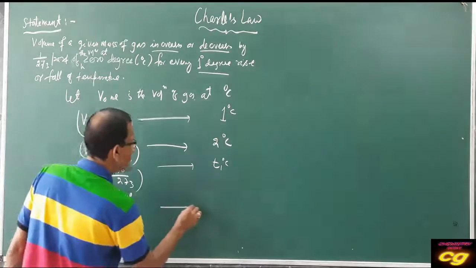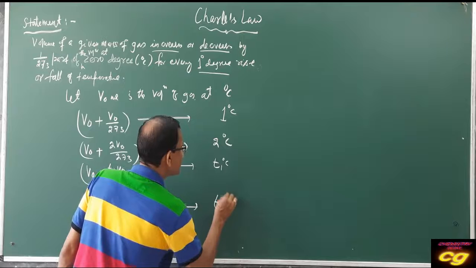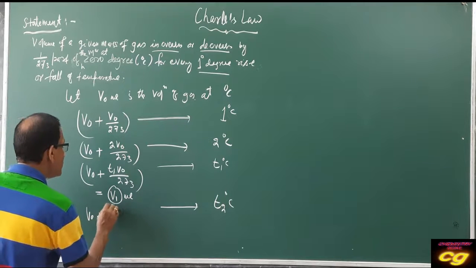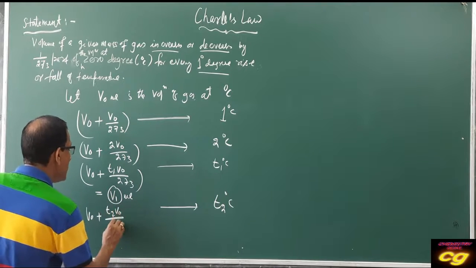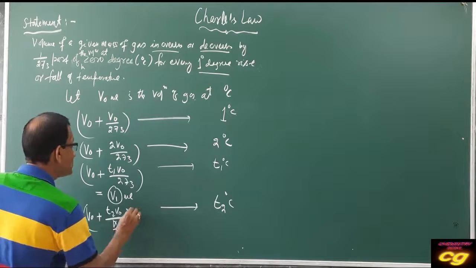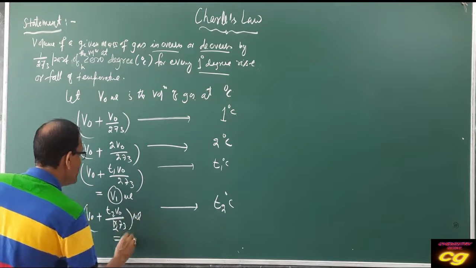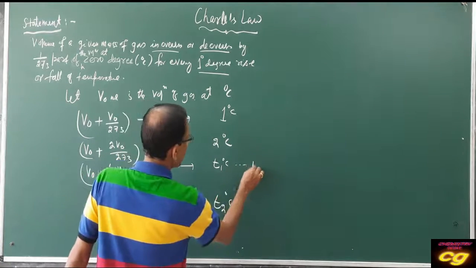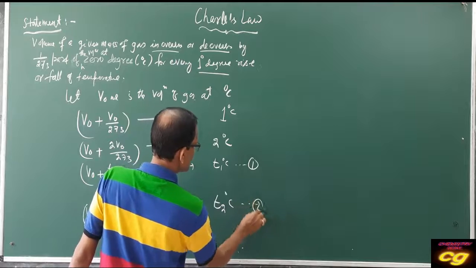Similarly, what will be the volume at T2 degree Celsius? It will be V0 plus T2 V0/273 ml. Let it be V2. Suppose this is equation 1, and this is equation 2.